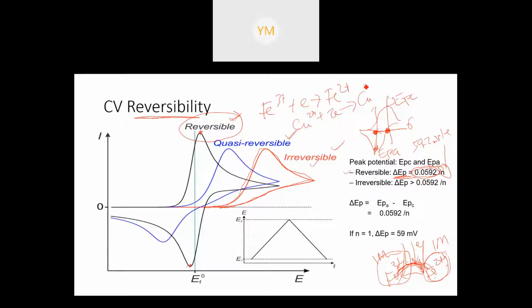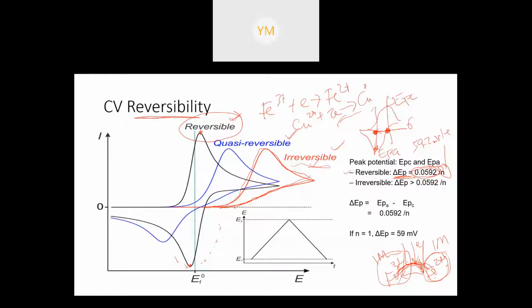It's permanently formed, deposited on the working electrode. Then when you cycle back, there is no peak. This represents the irreversible reaction, because the ratio is not 1.